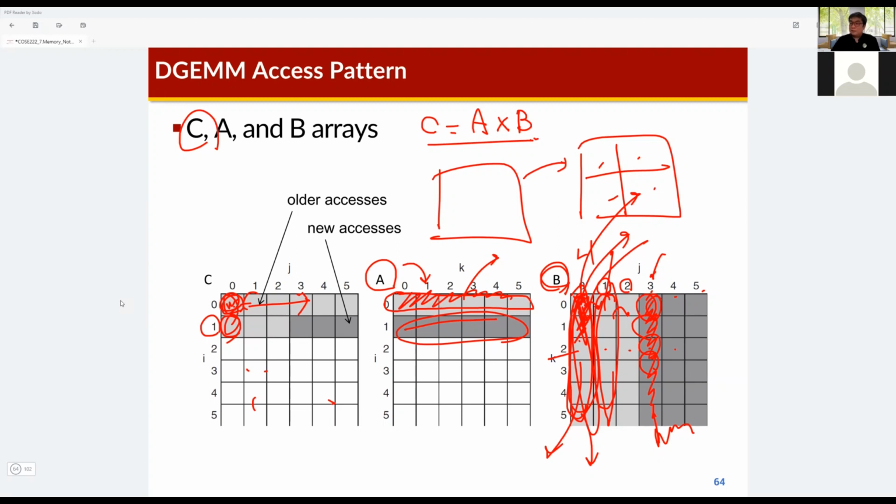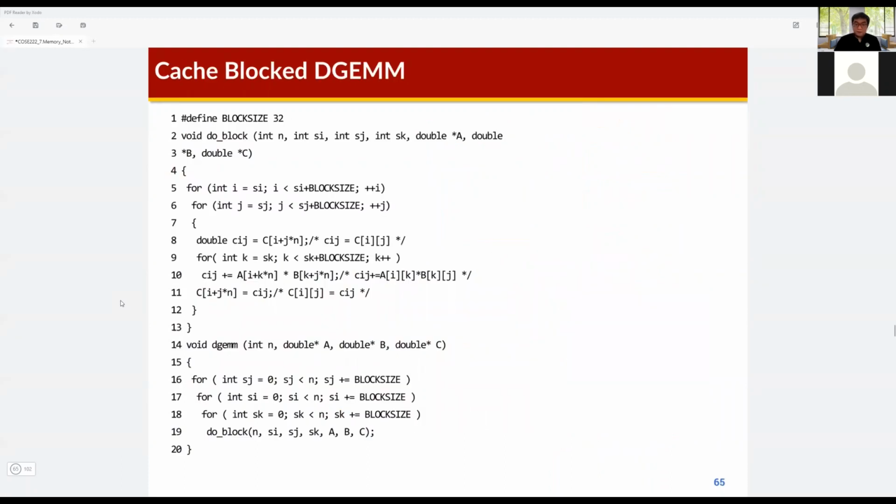This is called tiled matrix multiplication. This is the example code of the tiled matrix multiplication. I will not explain this algorithm because it's not important for this course. If you are interested, you can search for tiled matrix multiplication in Google.